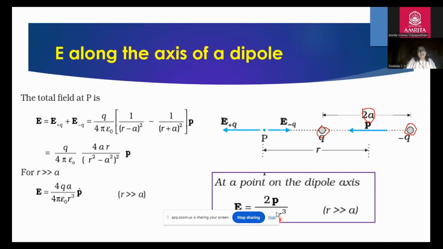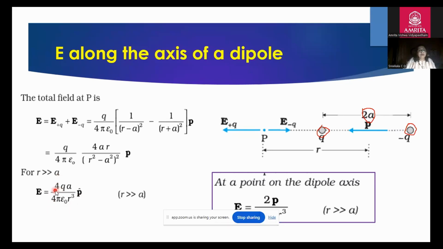So you have to study like that only. Never cancel these 4 and 2 and write, there is a tendency to write 1 by 2 pi epsilon 0 into P by R cube. Never write like that, because when you solve the problems, 1 by 4 pi epsilon 0 has the value 9 into 10 raised to 9.